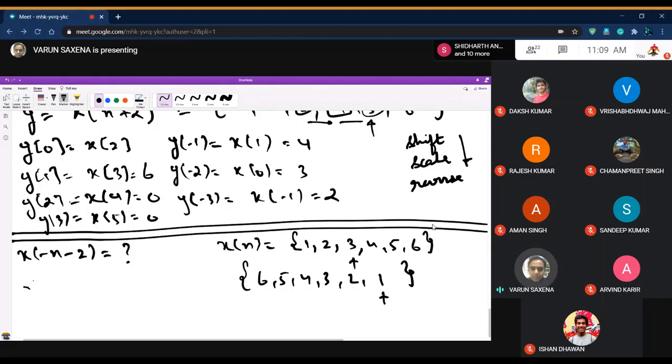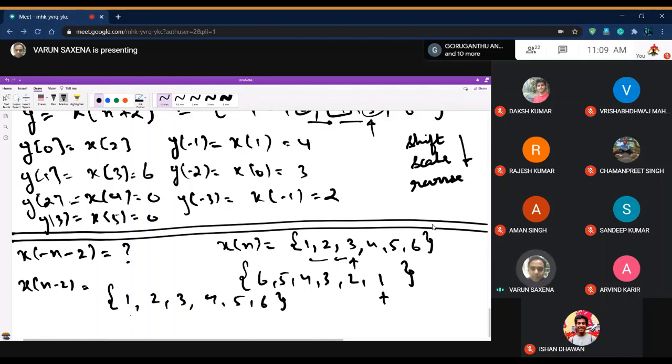The first thing that you will do is x minus 2. X minus 2 means that the sequence is going to shift to the right, which means that the 0 is going to shift 2 places. So this sequence is going to become 1, 2, 3, 4, 5, 6.